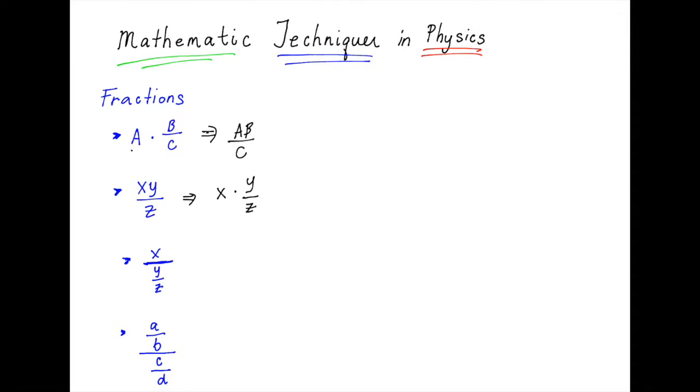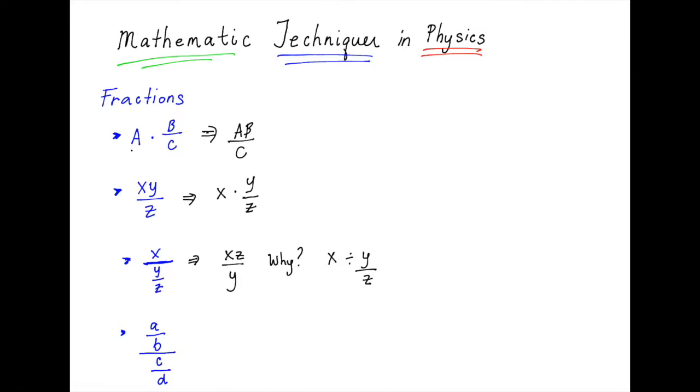How about this, x divided by y over z? This is just the same as simply xz over y. The question here is why? Now, we can apply our fraction rule from when we were in grade 5, wherein x is divided by y over z.